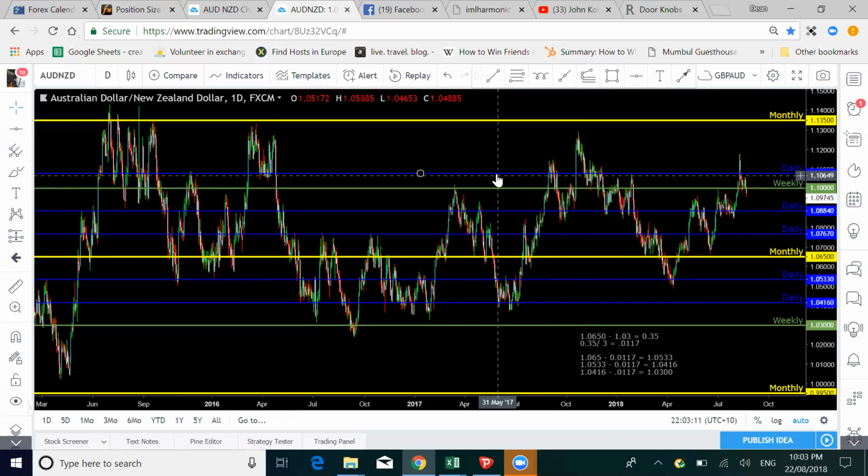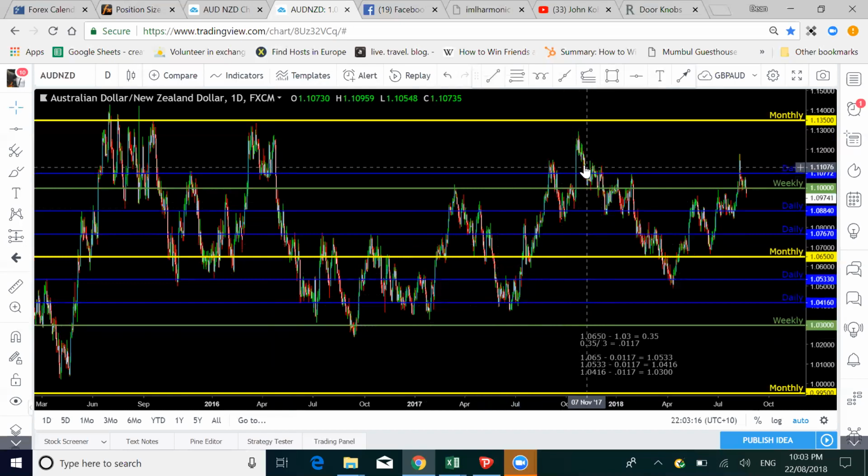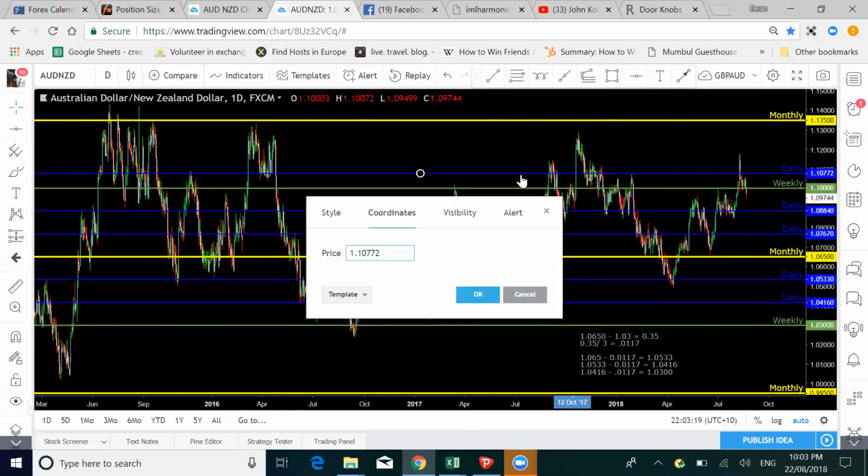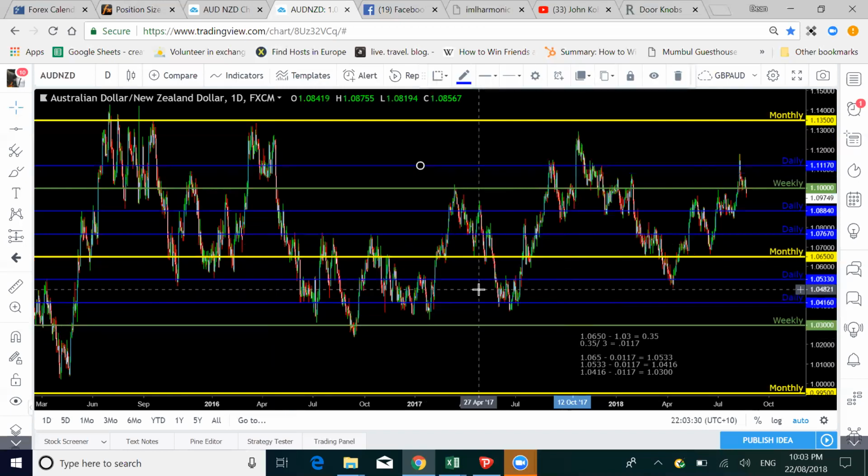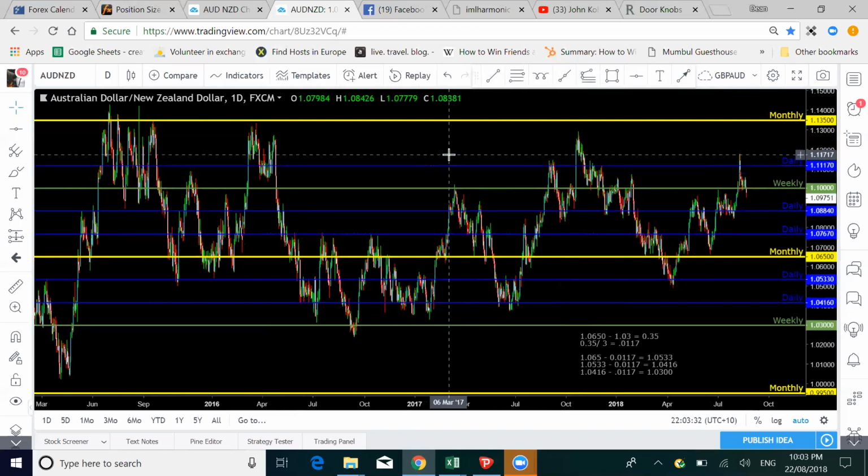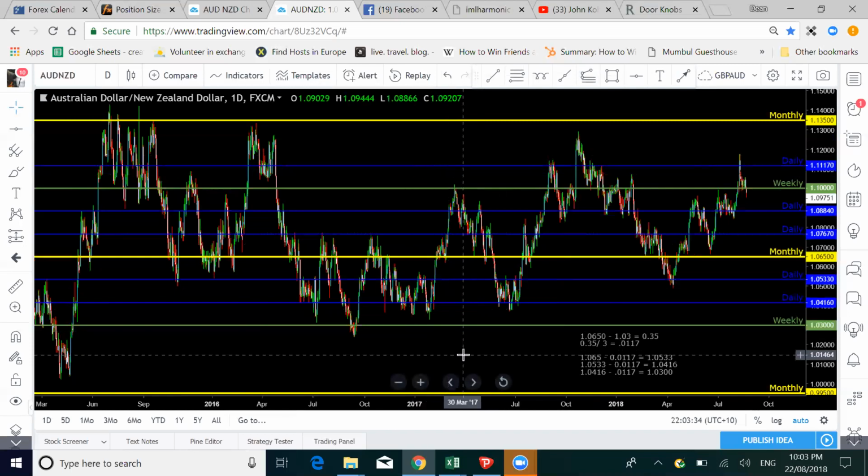Now this one isn't on our 1/3 line, and I reckon if we pop it up, we're going to pick up all of these across here. So again, let's have a look at that. 1.1 plus 0.0117, 1.117. Bang, bang. All right, so I'm pretty happy with that.